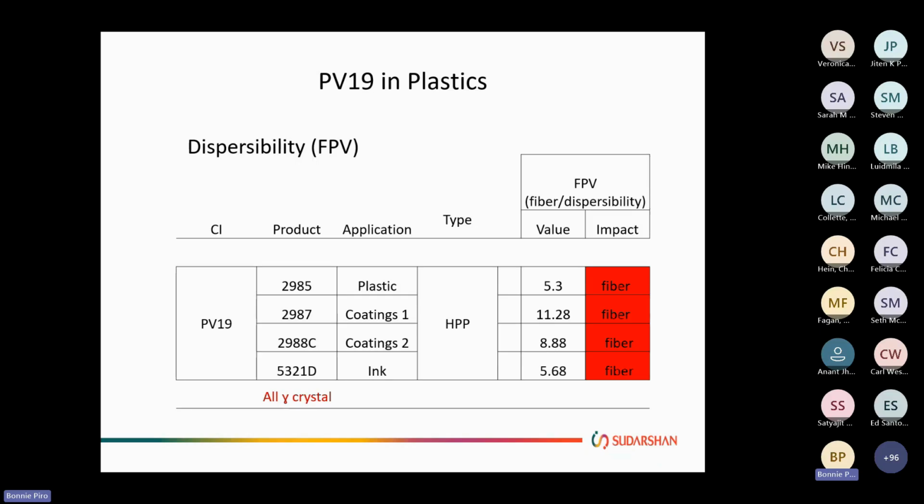It is interesting to note that the ink product, which is actually an inkjet product, and a plastic product do have very similar FPV values to each other. So you wouldn't initially think that when it comes to dispersibility and these application areas.